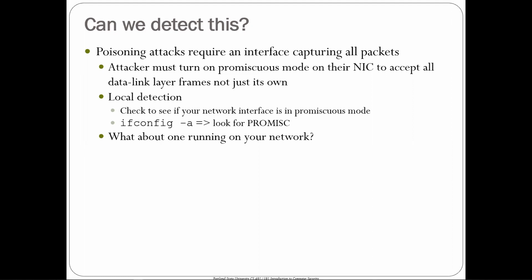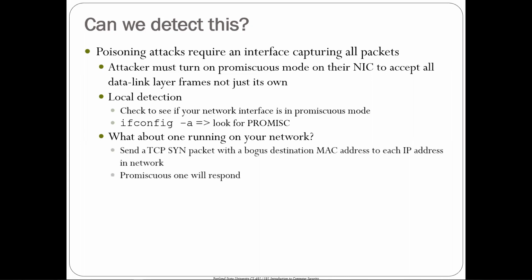So, anyone else want to guess how we're going to figure this out? The way to figure this out is to send a packet with a bogus destination MAC address to an IP address, and to all the different IP addresses that might be directly connected to you. And it's only the one listening for everything that will respond to it, right?